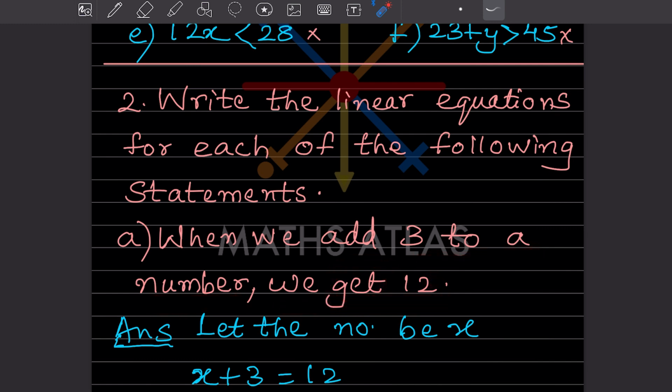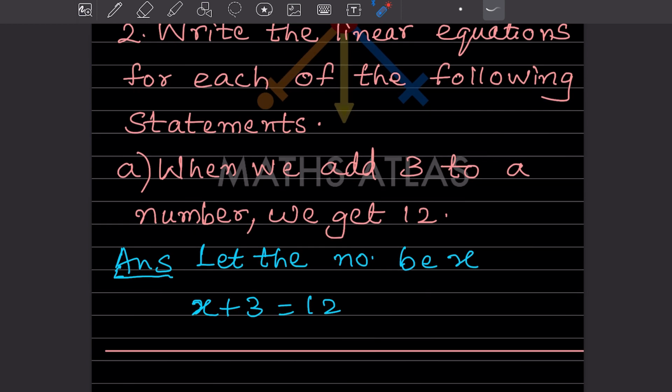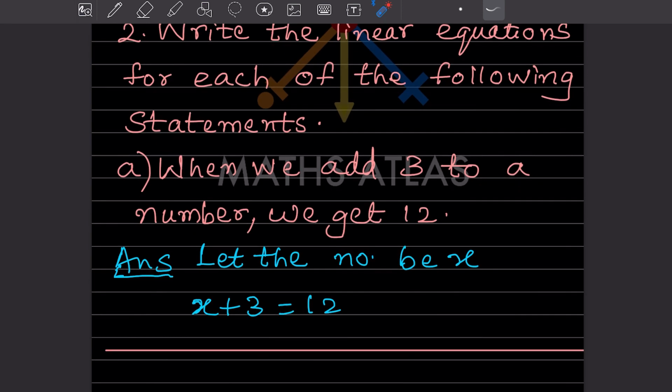So we will write the assumption: let the number be x. Now let us go for the first step. When we add 3 to a number, which we have considered as x, we get 12, which means is equal to 12. So this is an equation.